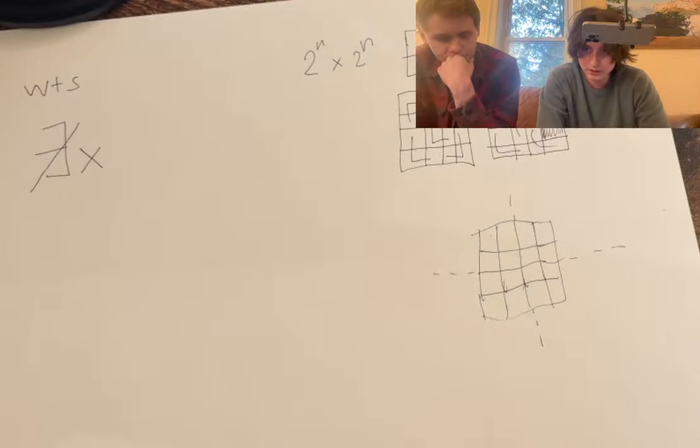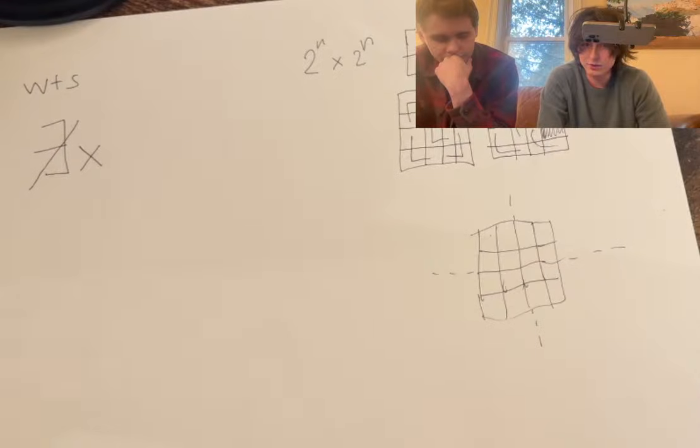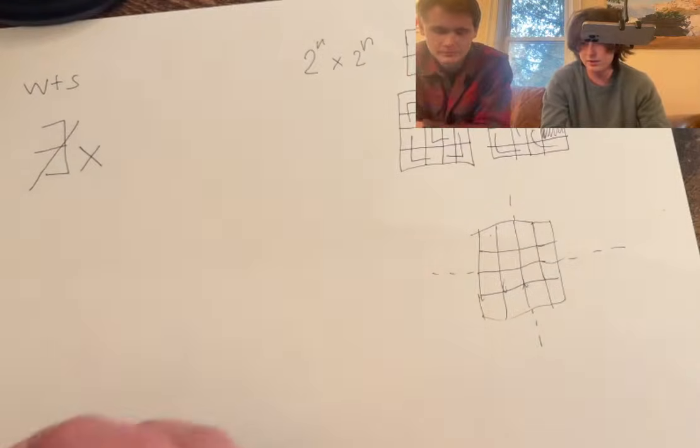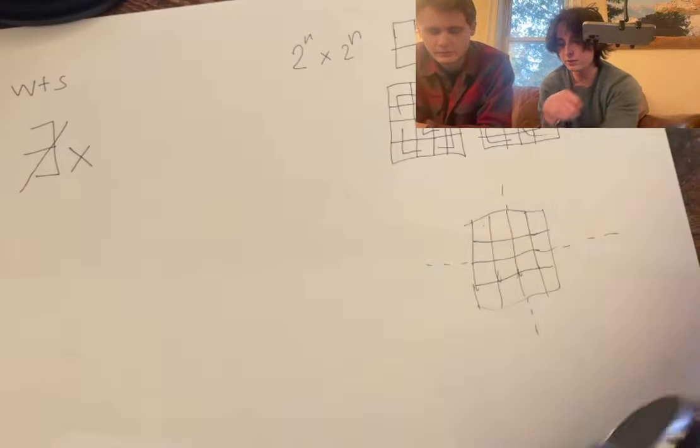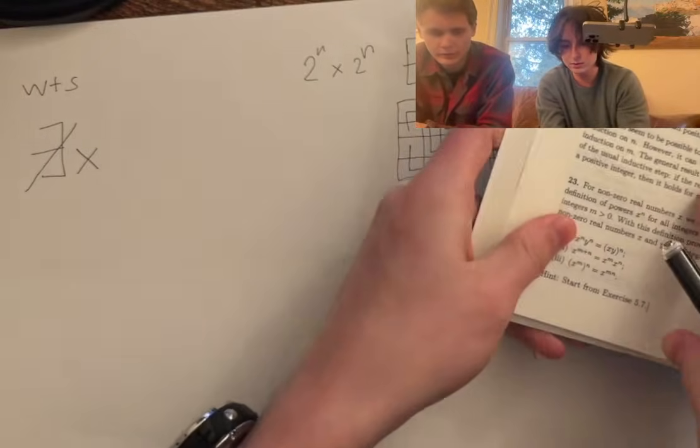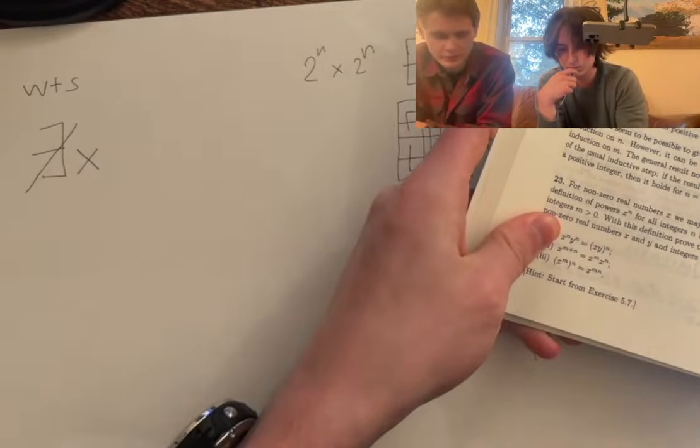So, like, I understand geometrically how this works, but I don't think that constitutes a mathematical proof, right? Because that doesn't... You'd have to show that, because they're asking... I think they're asking to prove it for all integers. Yeah, I mean, it looks like we're just going to use proof by construction.